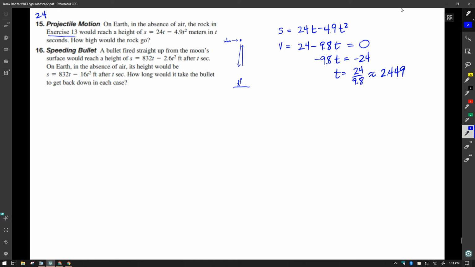But what is that high point? What is the position there? In other words, what we want to find is s of 2.449. So let's plug that into the function. We know it's going to be 24 times 2.449 minus 4.9 times 2.449 quantity squared.